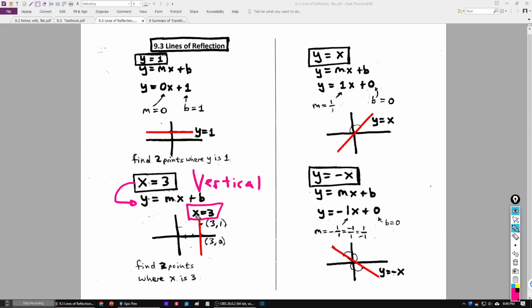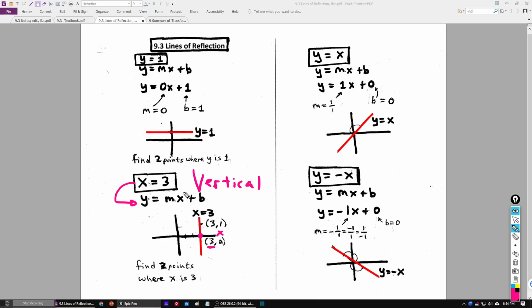So how do you plot the line x equals 3? Well, my recommendation to you is to think of it as, hey, the x coordinate is going to be 3. So to get x equals 3, we go out on the x-axis over to 3. Okay, so I know this point is where x equals 3.